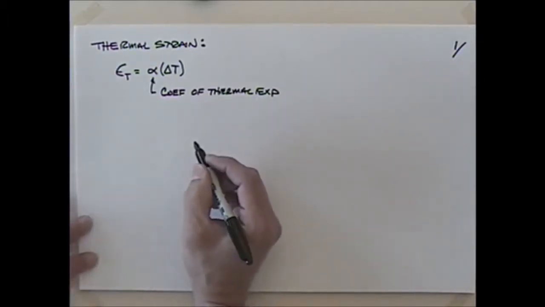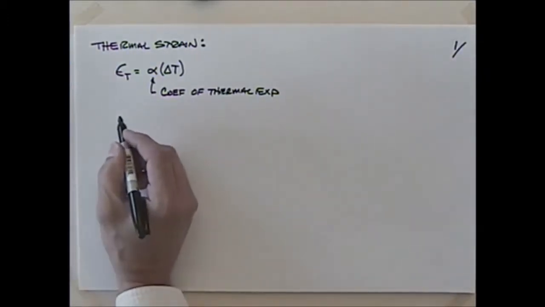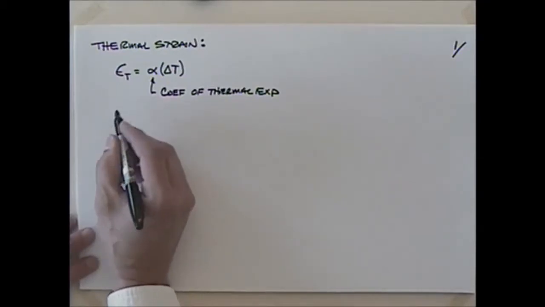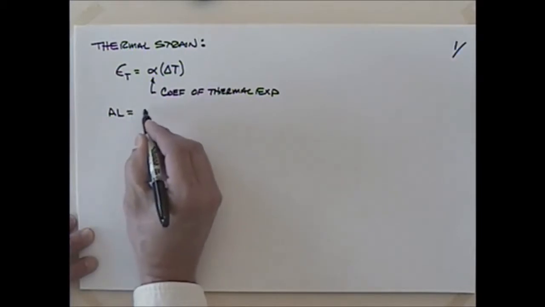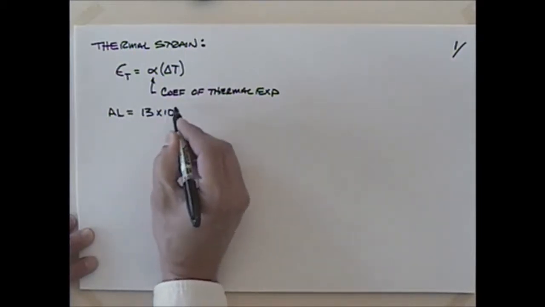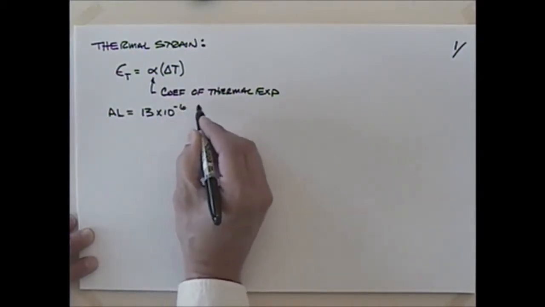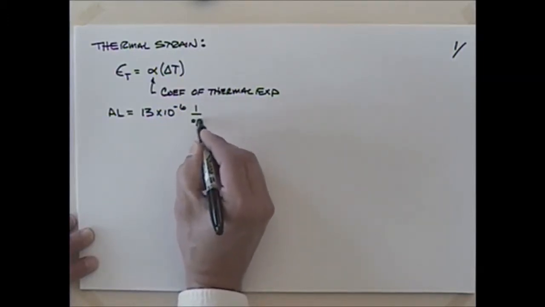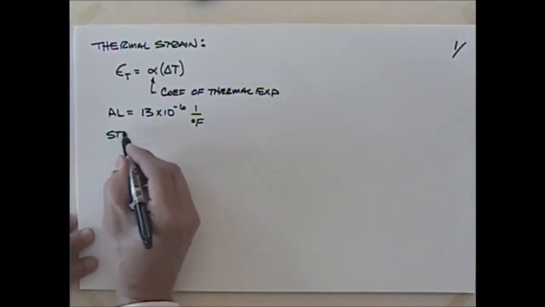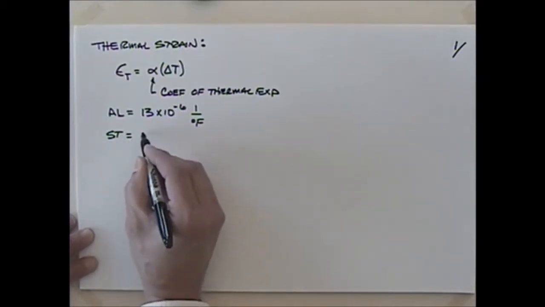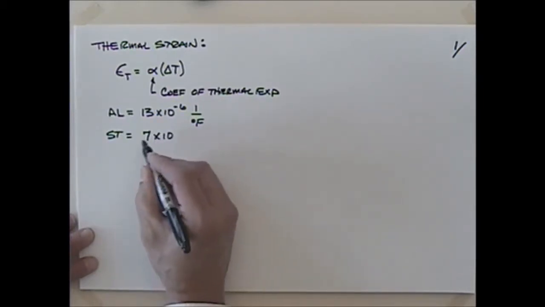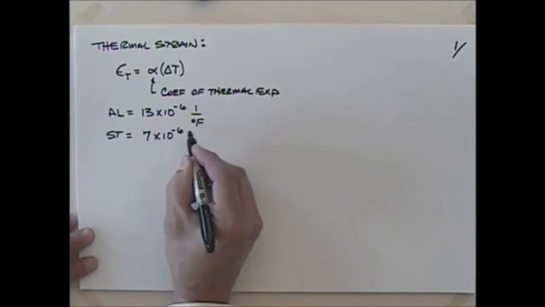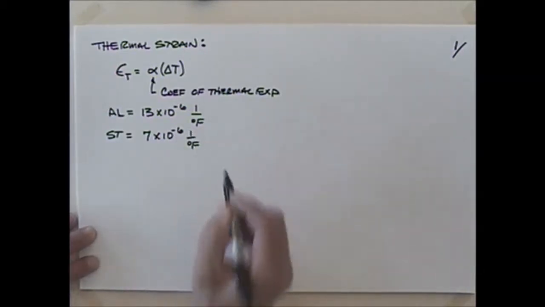For instance, aluminum usually has a value that's somewhere around 13 times 10 to the minus 6, and the units on that would be 1 over degrees F. Steel, on the other hand, has a value, depending on the alloy, but usually about 7 times 10 to the minus 6, 1 over degrees F. It doesn't change a lot with the alloys.